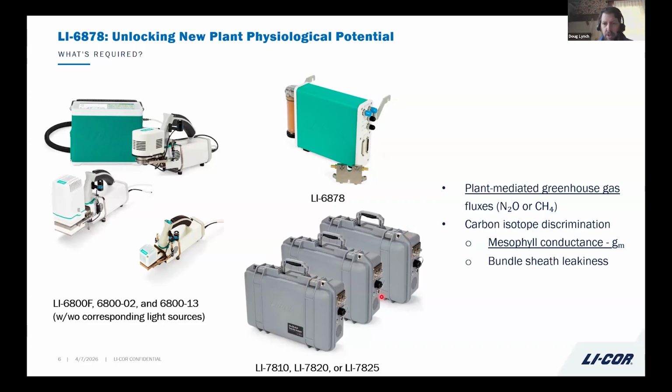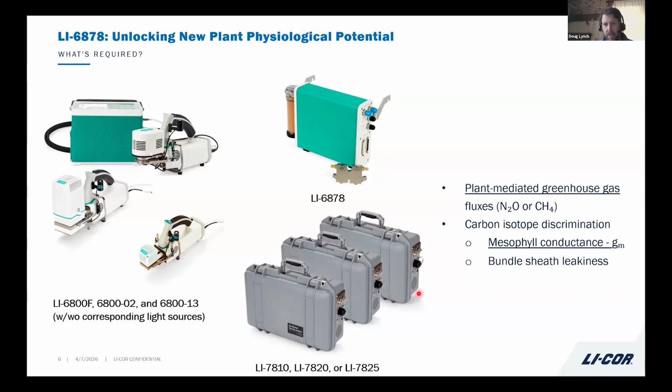The three of interest here are pictured: the LI-7810, which measures methane, the LI-7820, which measures N2O, and the LI-7825, which measures carbon isotopes.